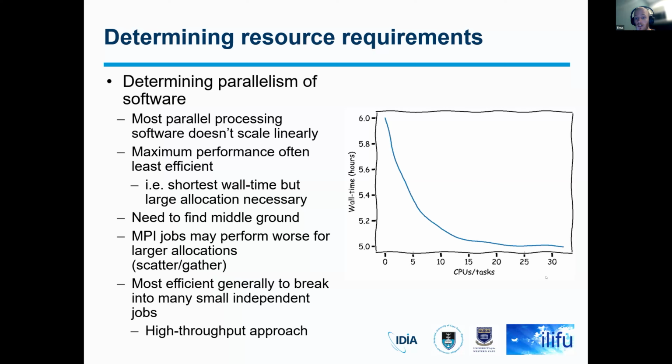If you're requesting 30 CPUs or more, your wall time is really low in hours. You're only running for 5 hours, but you're using a really high amount of resources. In general, you want to find a middle ground, so you get the most bang for your buck. Rather, maybe only use 5 or 10, because that gives you almost as good a wall time, but you're only using a fraction of the resources. So this is what I mean by the middle ground.